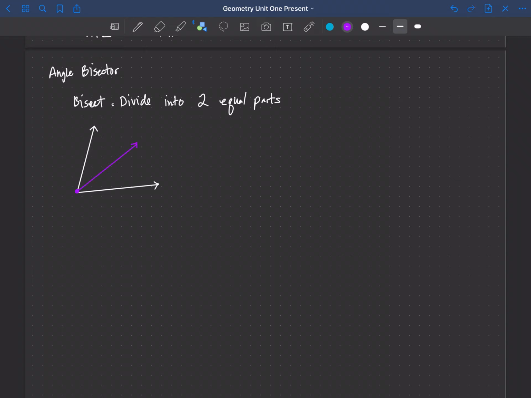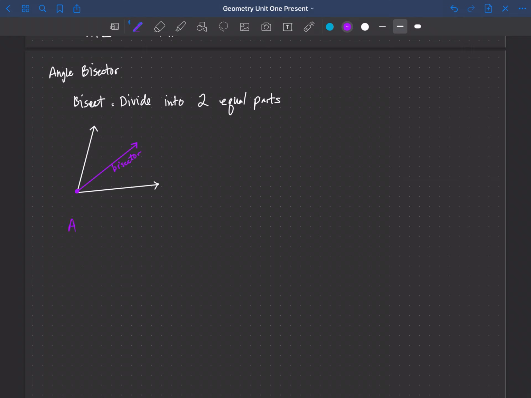Okay, so this would be our bisector. Now, just like the bisect definition says, it divides into two equal parts.